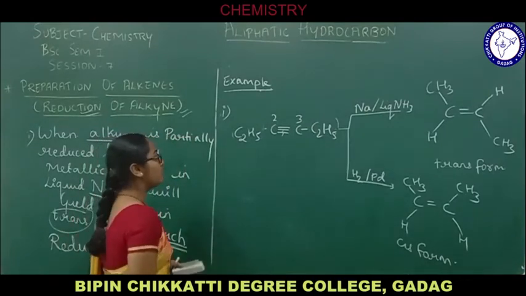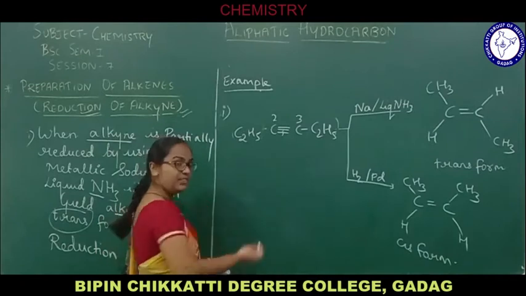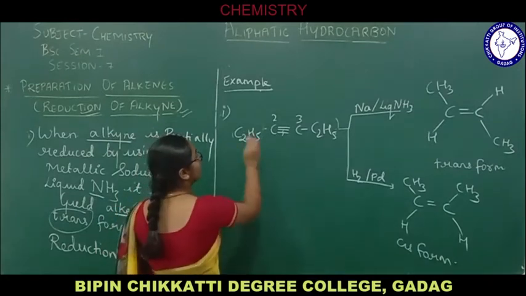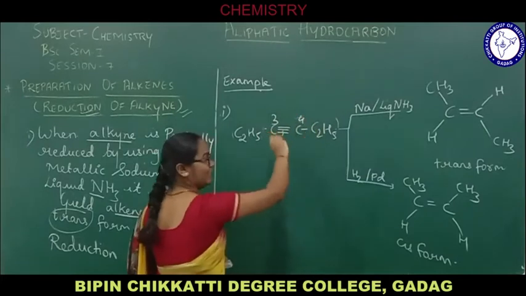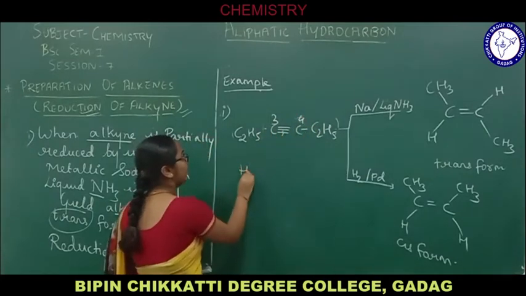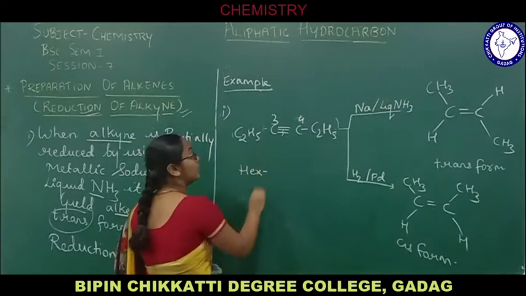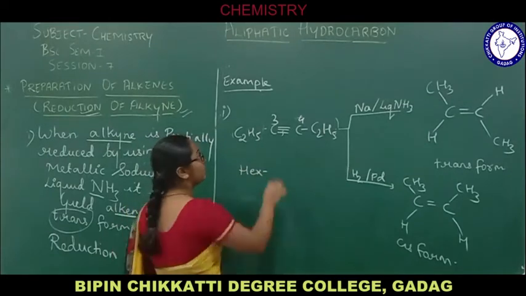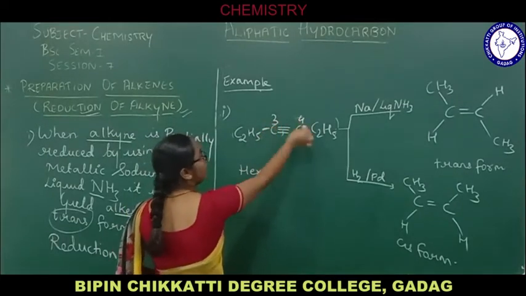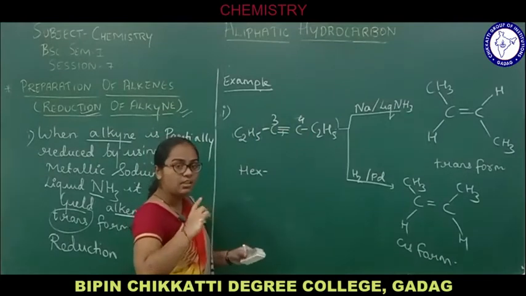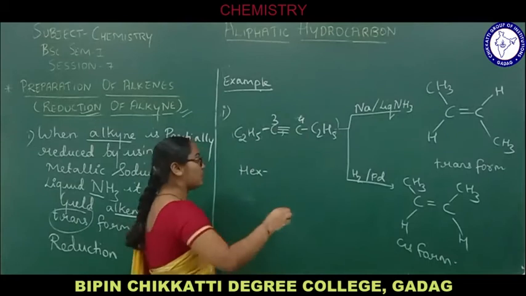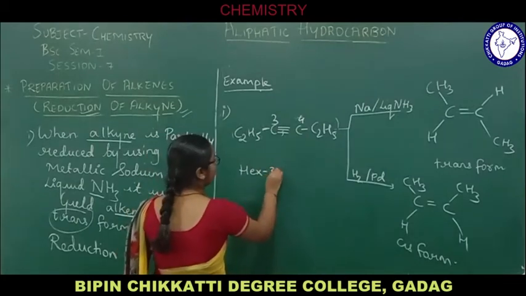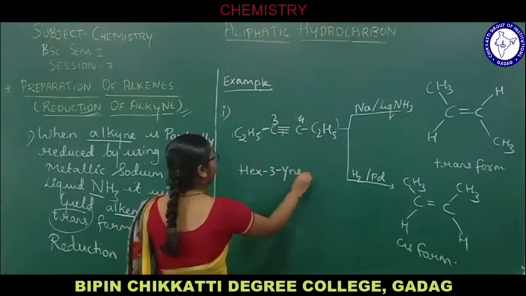So the name will be hexyne, with carbons 1, 2, 3, 4, 5, 6. The triple bond is present between carbon number 3 and carbon number 4, so the lowest preference gives hex-3-yne.